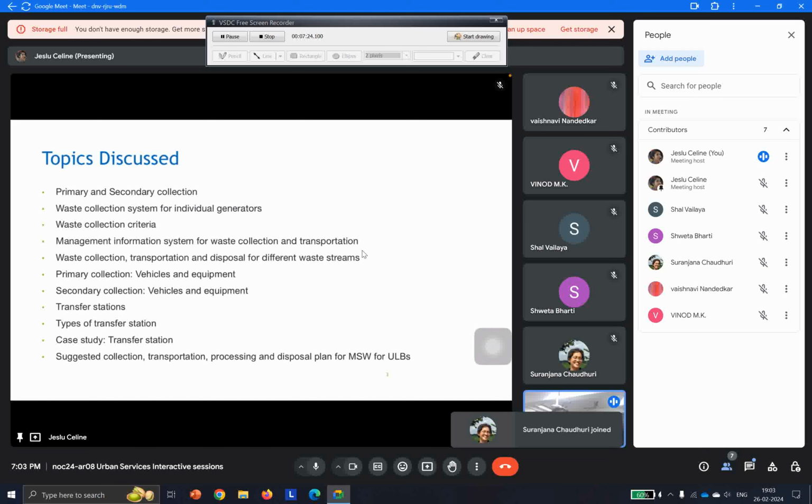Then we discussed who the generators are, how we collect from the generators and what criteria we use. Then we also looked into different transportation methods, which vehicles are suitable for primary and secondary, where we plan transfer stations or tertiary collection systems, what the characteristics of these stations are and what factors we consider while planning them. We looked into some case studies.